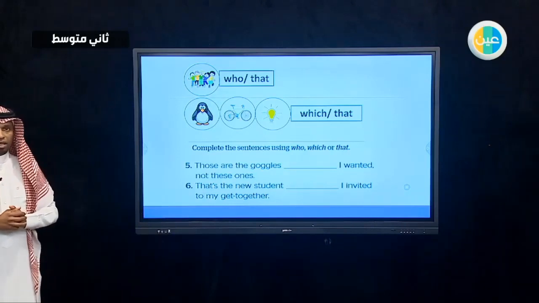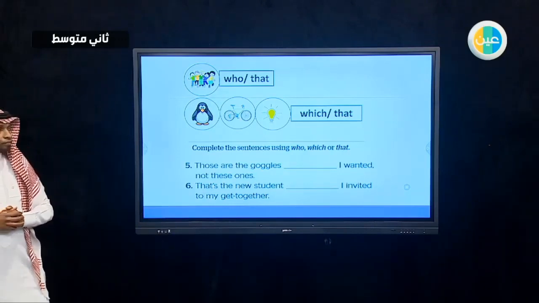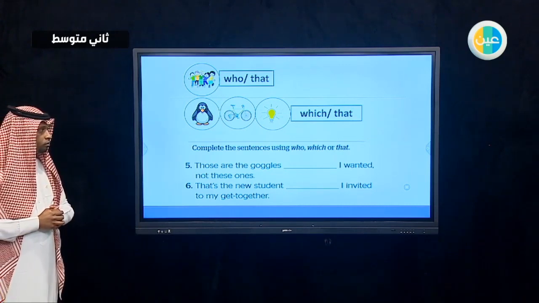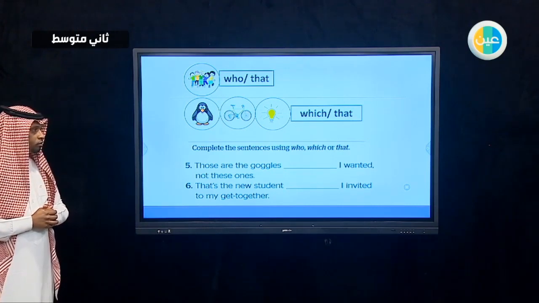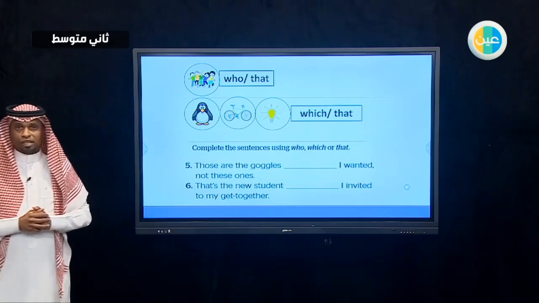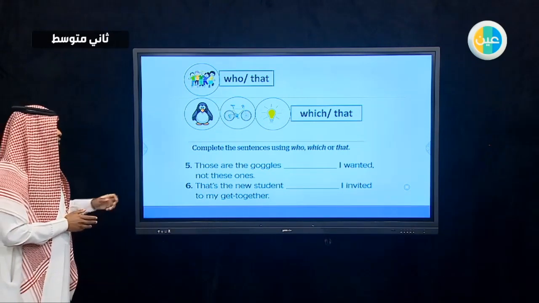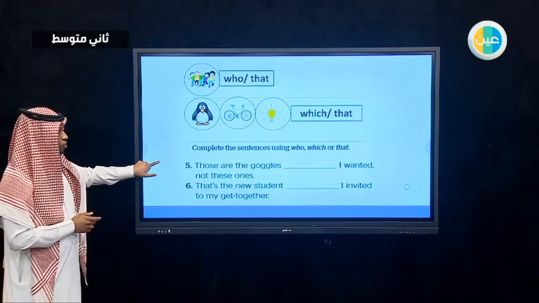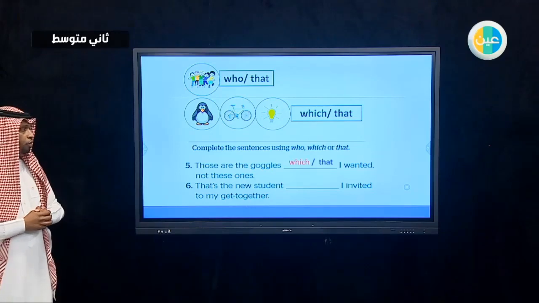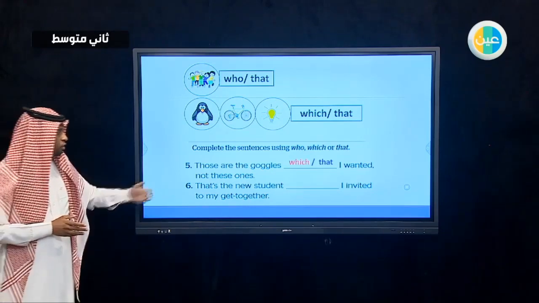Think about it and try to find the answer here. Good. So did you find the answer? Excellent. The answer is which. Or we can also say that. Which or that.